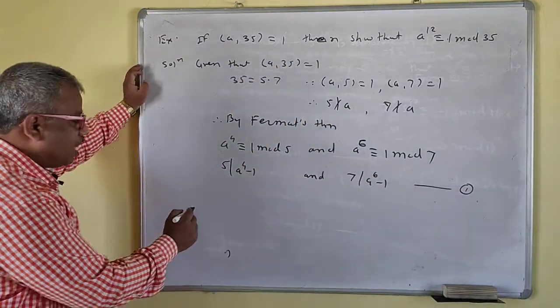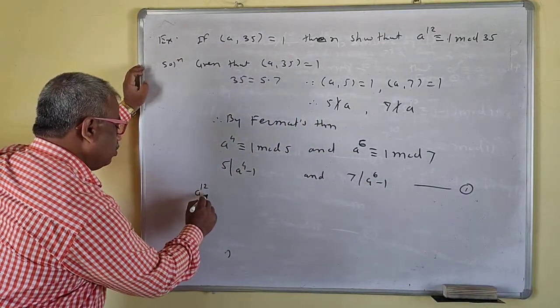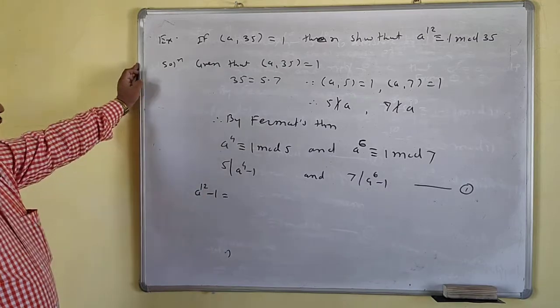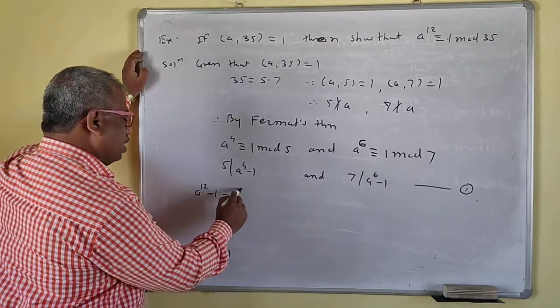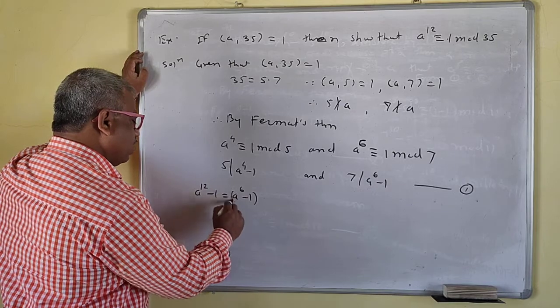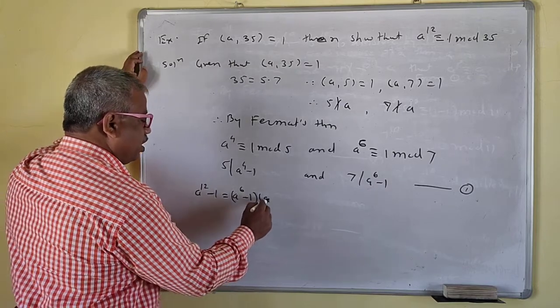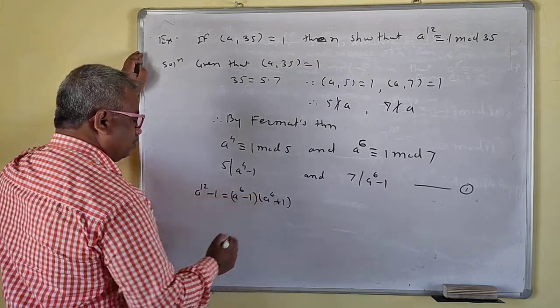So now a^12 minus 1 is (a^6 minus 1)(a^6 plus 1).